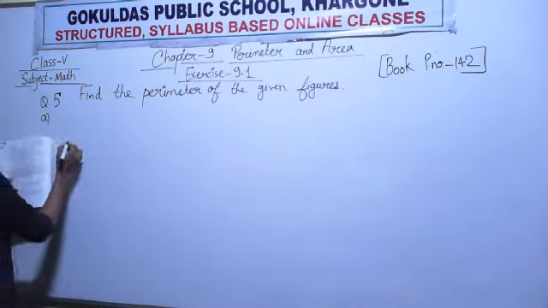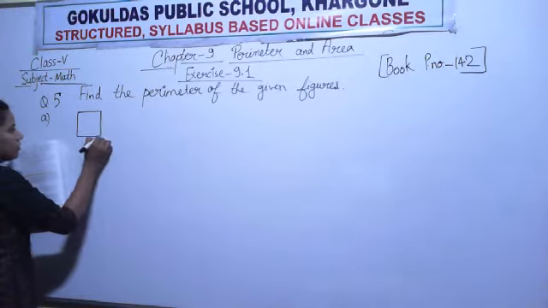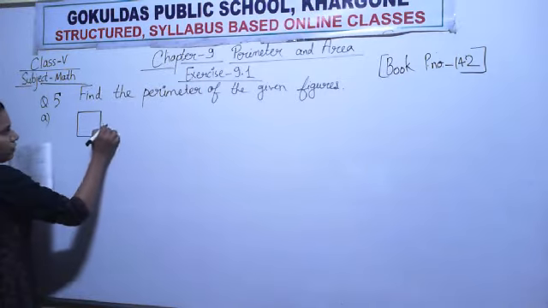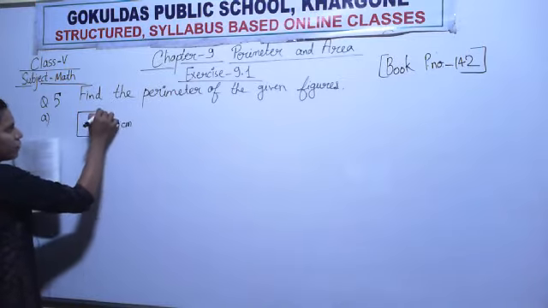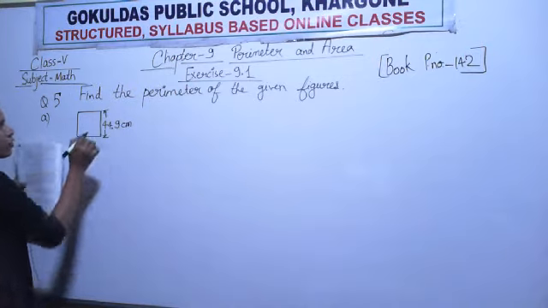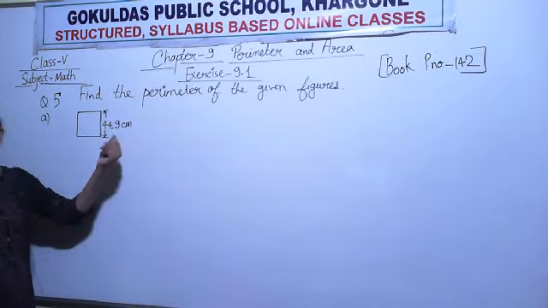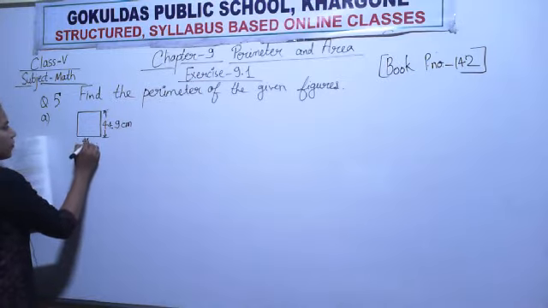Question number 8, a square is drawn whose one side is 44 point. The length of each side is 44.9 centimeter.